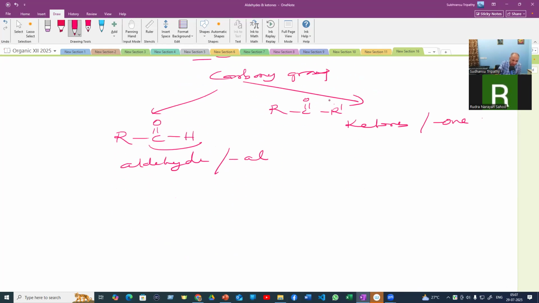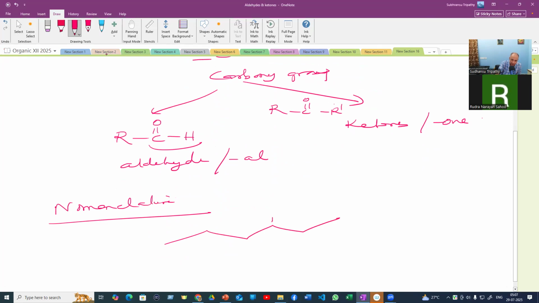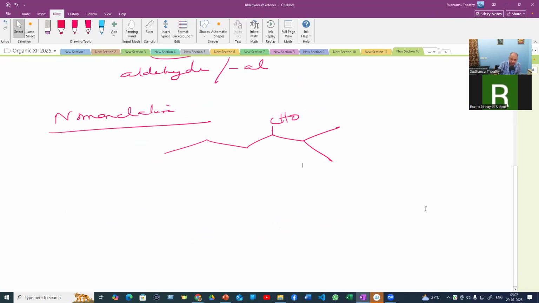Let us go for the nomenclature for revision, because the aldehyde group always comes first, irrespective of where it is. Maybe it is not the longest chain, but that is a priority group. And so also this one.